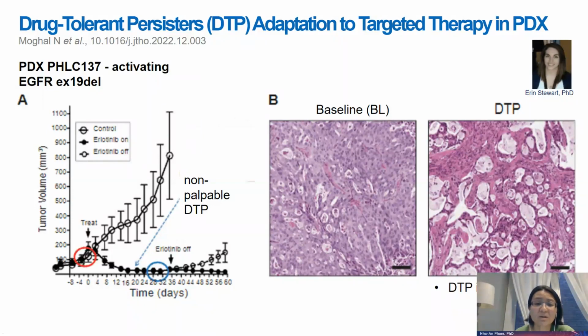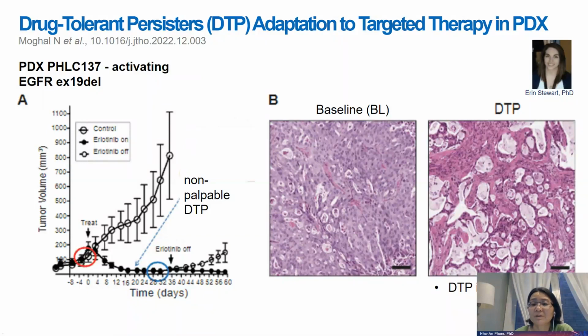And how do we know that they are drug-tolerant? It is because once we give them a drug holiday, as you can see here, with this starting the initial growth, once the drug holiday is lifted in the open circle, there are viable cells, and those cells do grow up and behave like the original tumor.